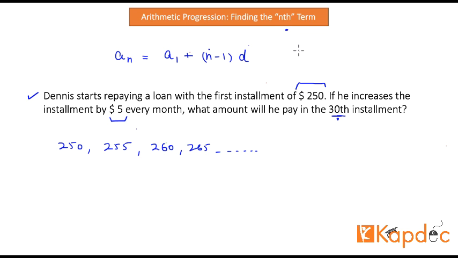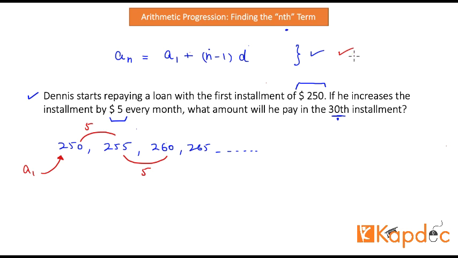Rather, we make use of the formula that we have, because what you see here is a1, my very first term in this sequence, which is 250. And the difference between any two successive terms is always constant. It is 5. So this is a perfect example of an arithmetic progression sequence.